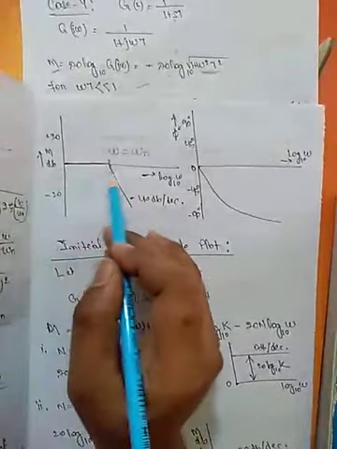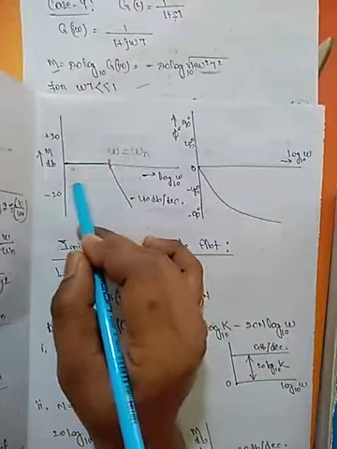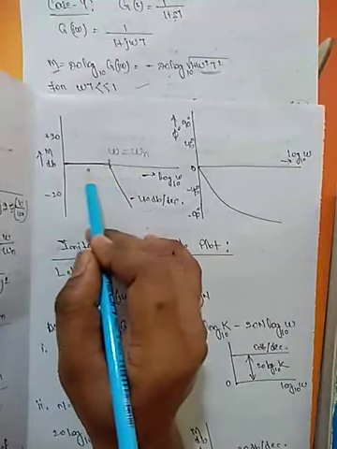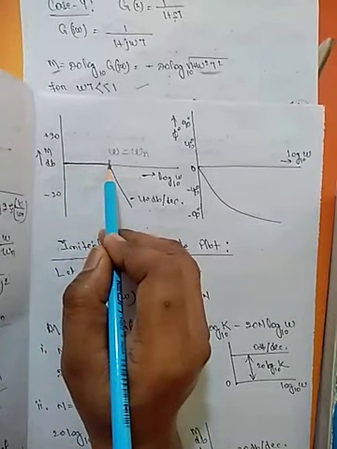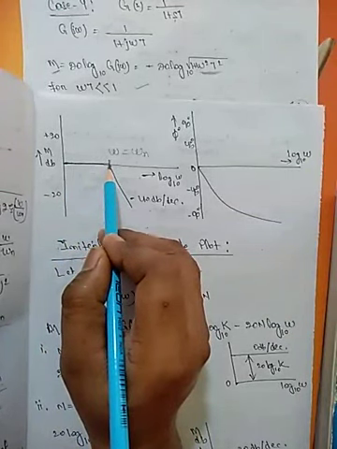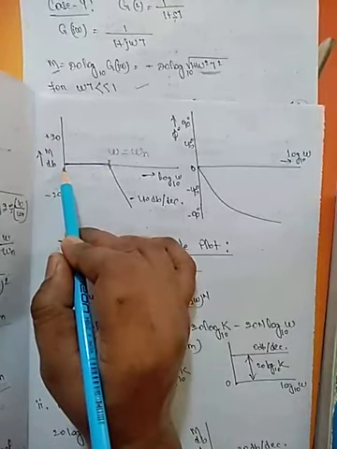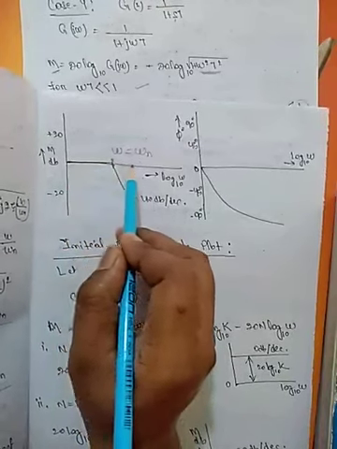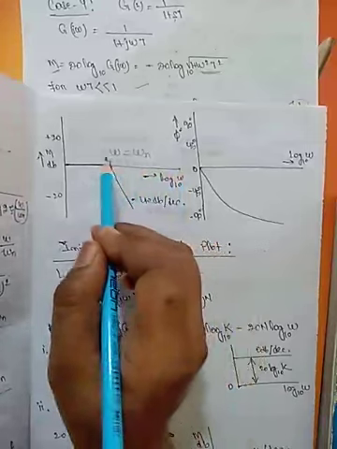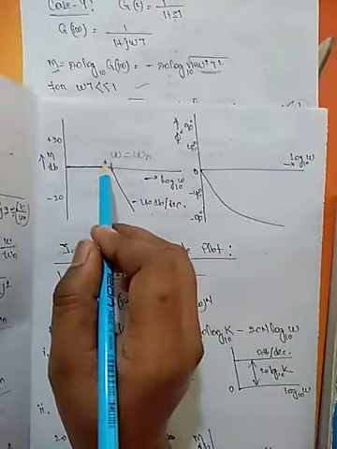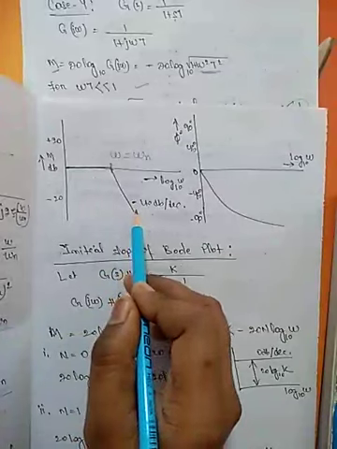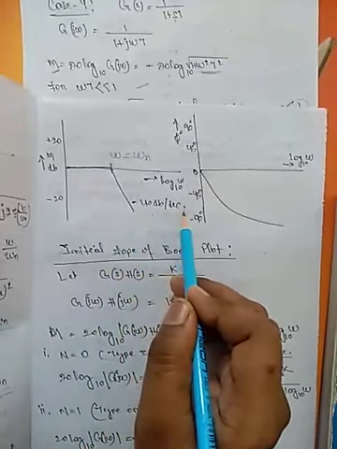When omega is less than omega n, the left side part, magnitude is 0, and when it is greater than omega n, the magnitude is a straight line with a slope of minus 40 dB per decade.